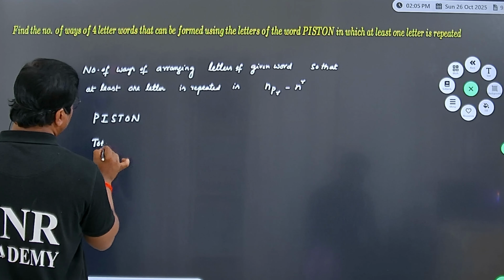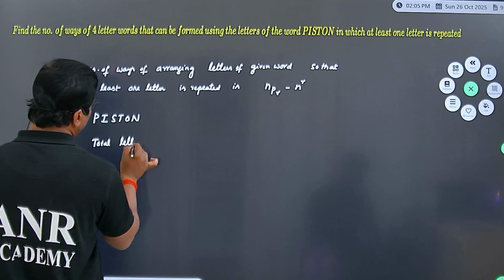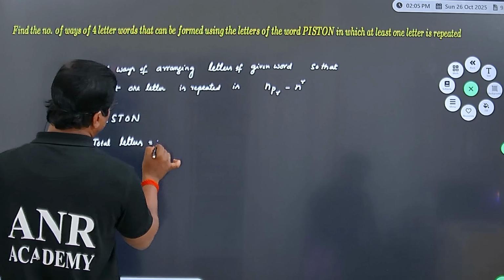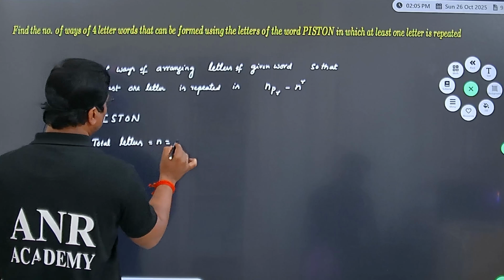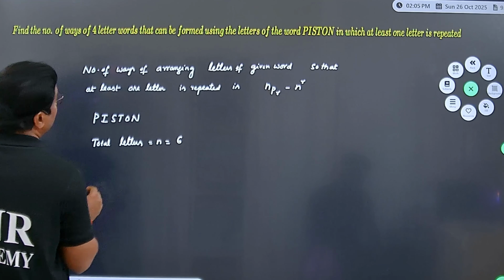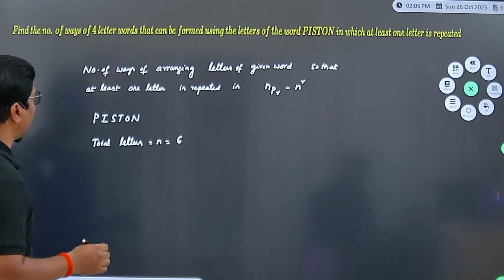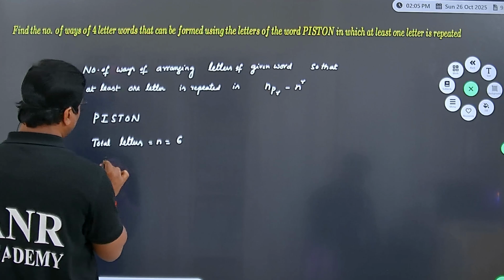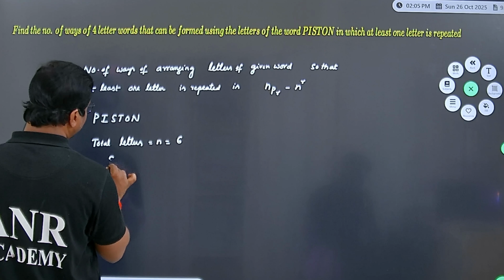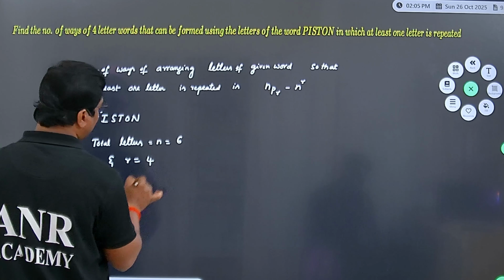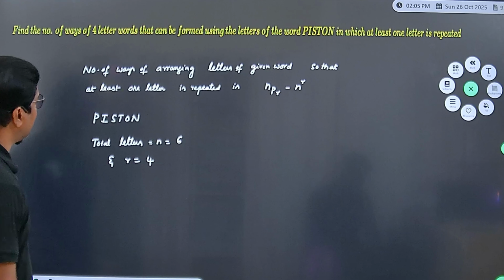Total letters, that is n equal to 6. Next, we need to find 4-letter words, so r value equals 4. We need only 4-letter words.